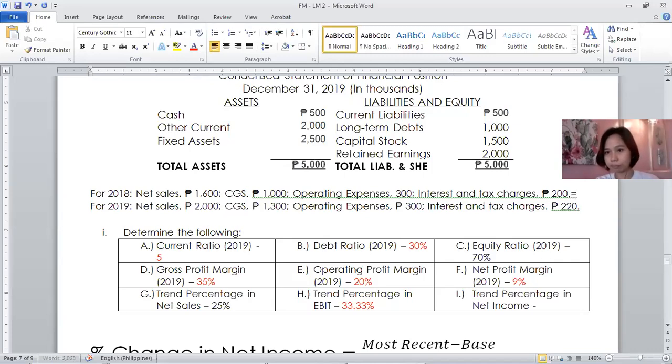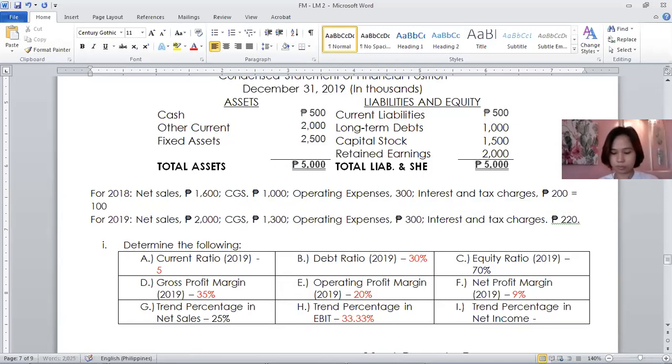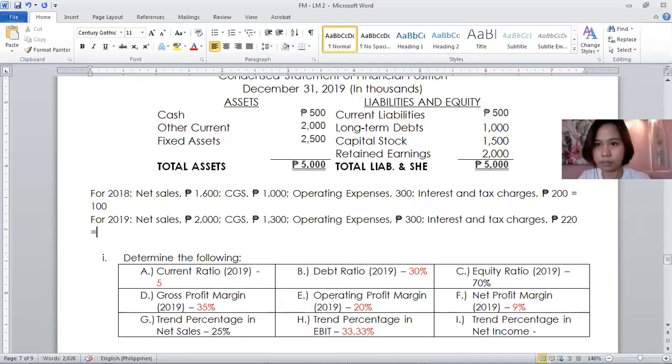So the net income will be how much? 100, ma'am. 300 minus 200. Okay. So the net income for 2018 will be 100. So for 2019, 180, ma'am. So 2,000 minus 1,300 minus 300 minus 220. Okay, so it's 180.